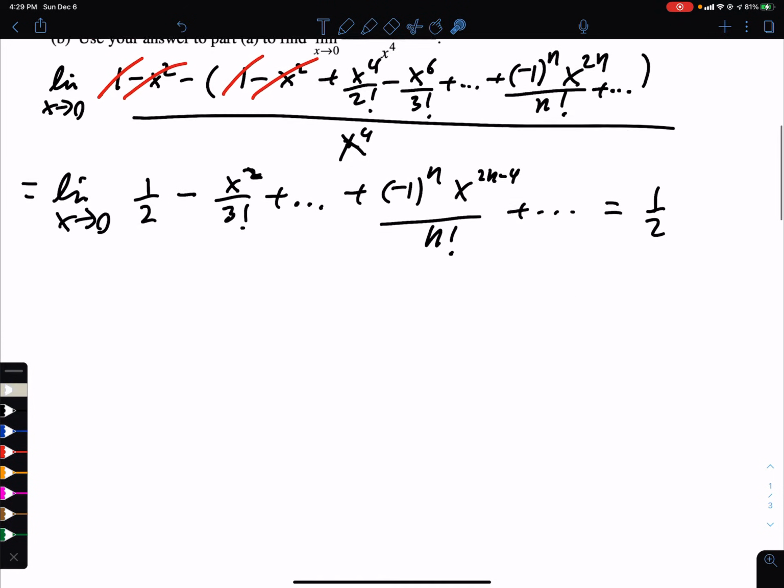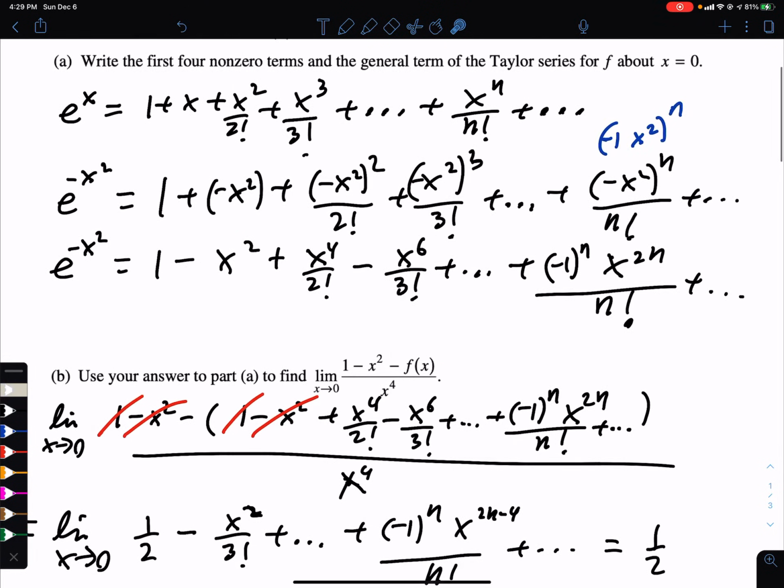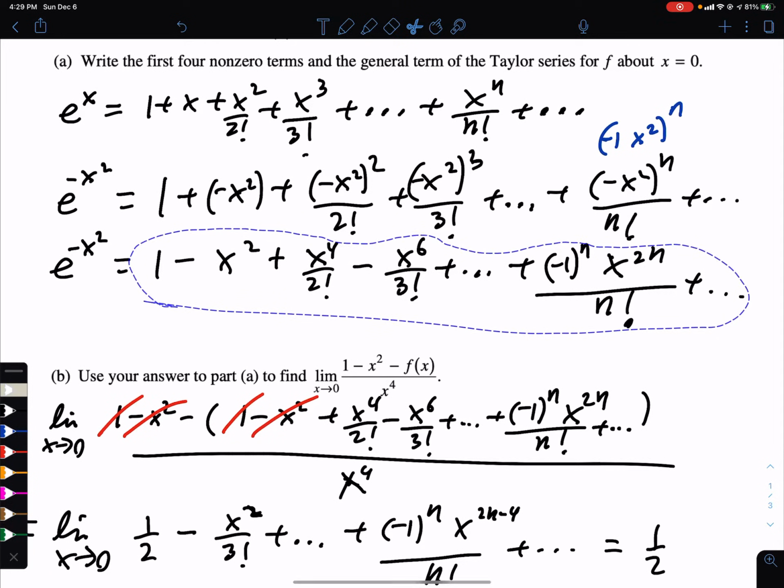Let's jump to part C. We want the integral of the function, the Taylor series we just found. So I'm going to copy and paste it from up here because I am lazy. And we're going to have to do more work than just that too, just to let you know.